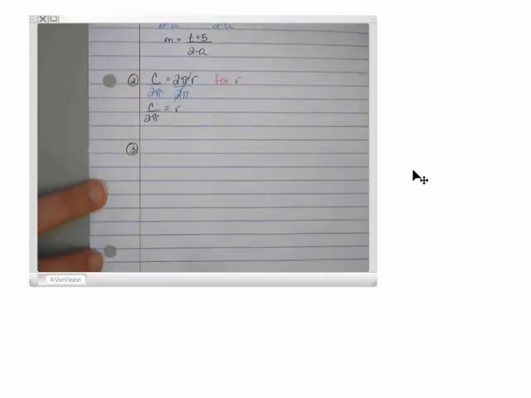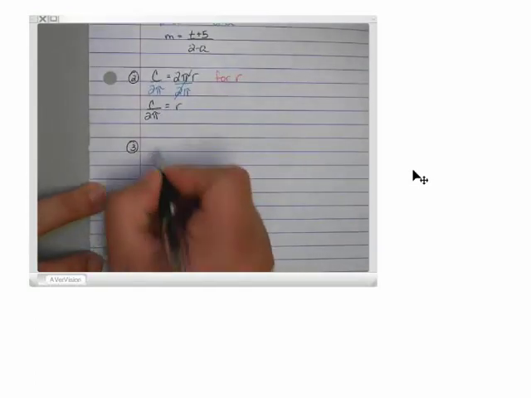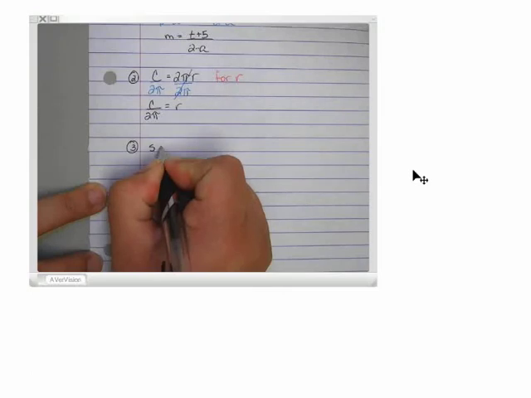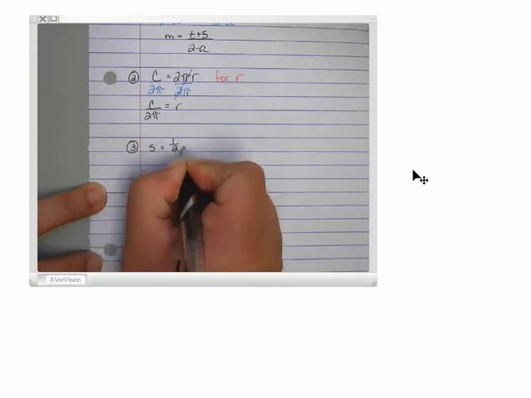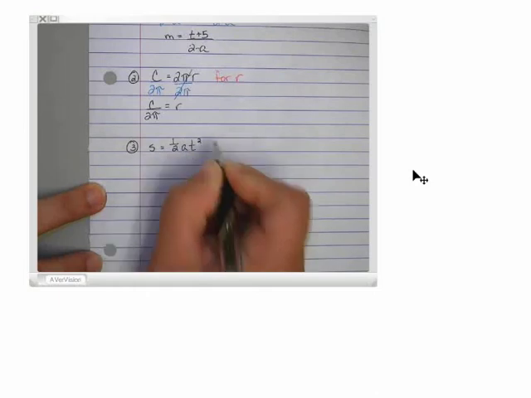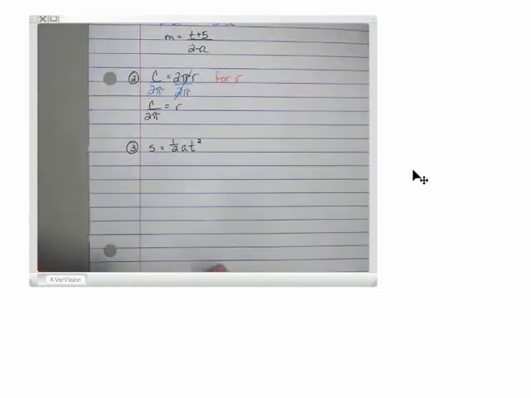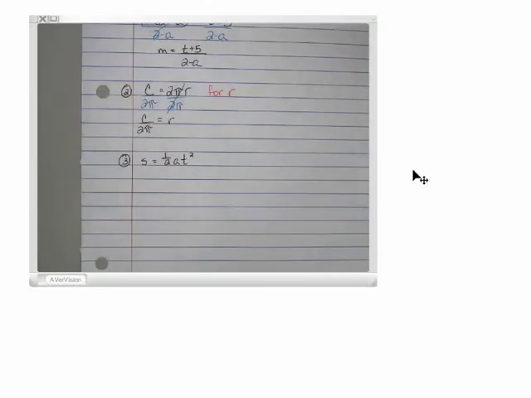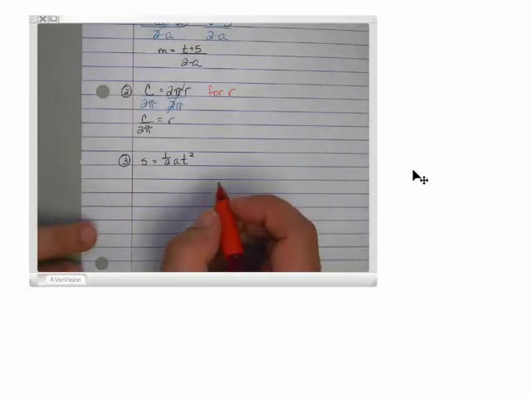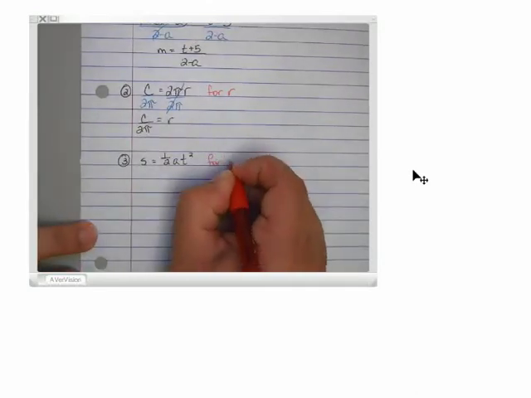Let's do one more. Let's look at the formula s equals 1/2 a t squared, and we are going to solve for a. Well, let's go ahead and get rid of our fraction.